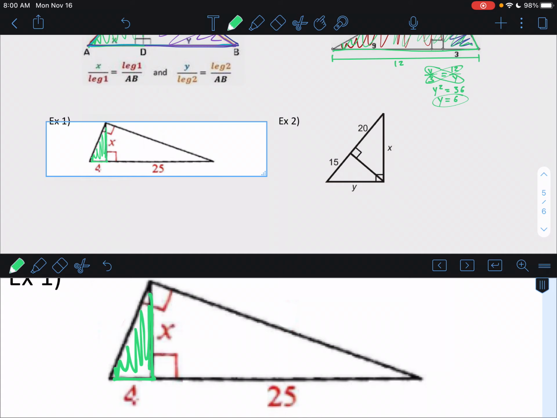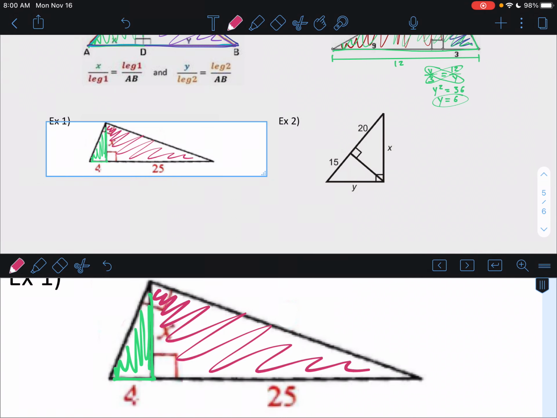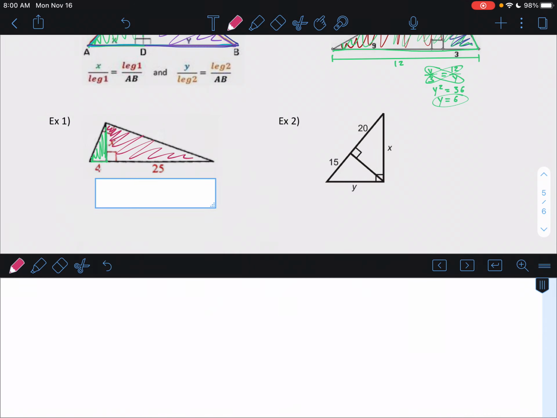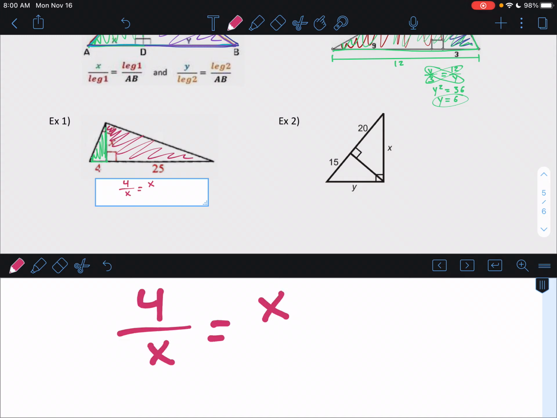The short leg is 4, the long leg is x. And my medium triangle, which also has a short leg and a long leg. The short leg is the x, the long leg is 25. So short leg over long leg, so 4 over x equals short leg of the medium triangle over the long leg of the medium triangle, 25.